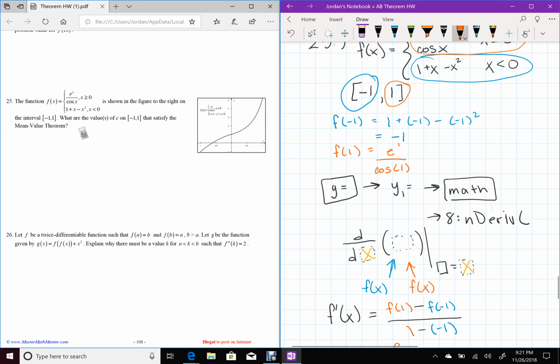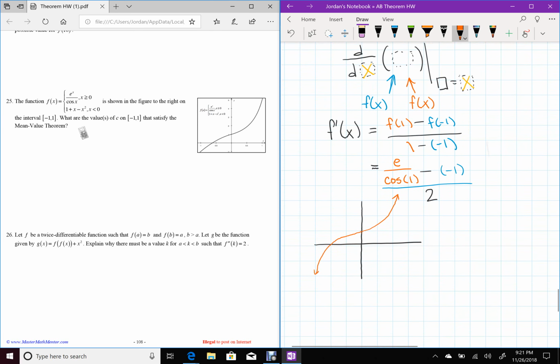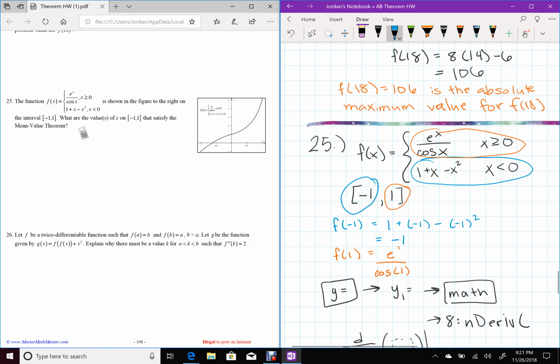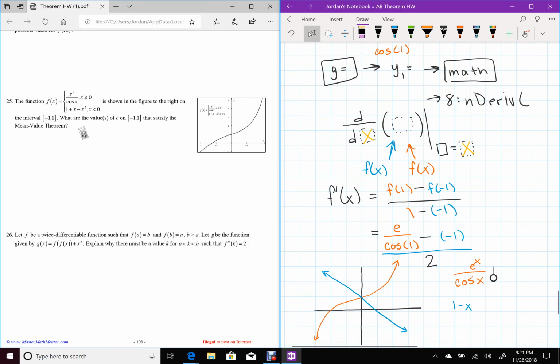Okay, that's the orange, e to the x over cosine x. The blue is the 1 minus x plus x minus x squared.